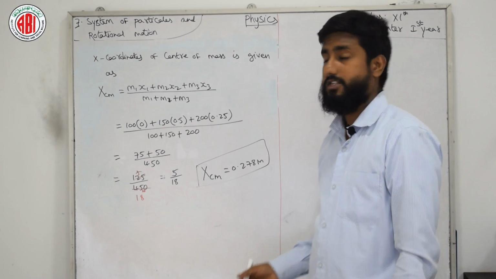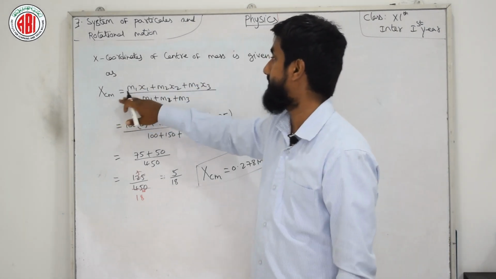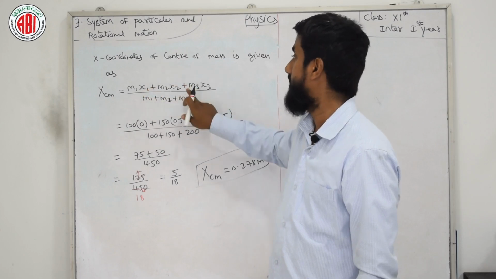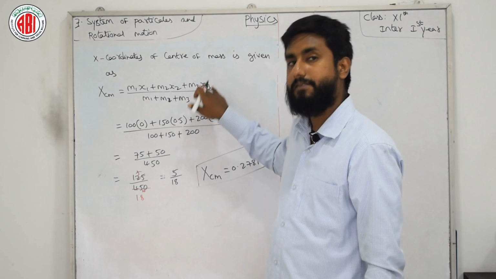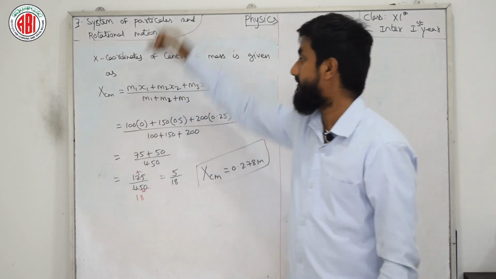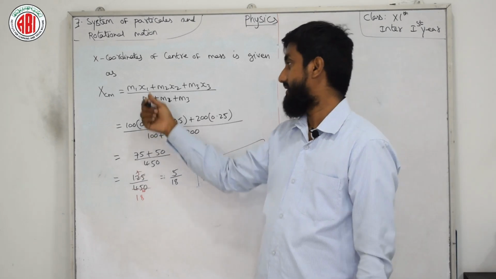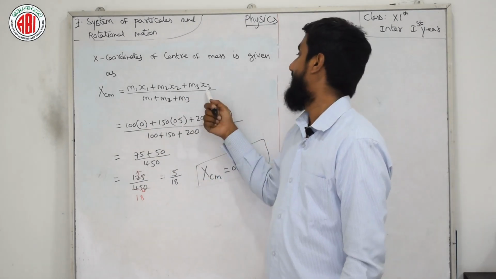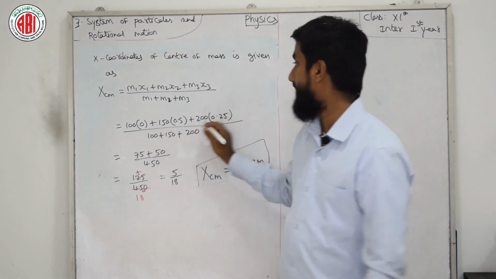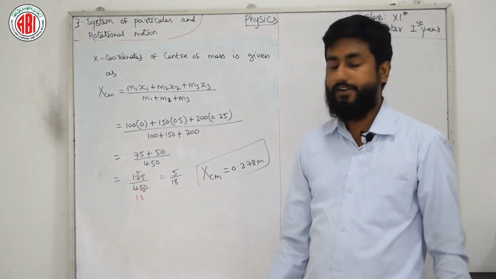Once again I want to explain. The x coordinate of the center of mass is given as x centimeter equals m1 x1 plus m2 x2 plus m3 x3 divided by m1 plus m2 plus m3, where the respective values are m1 is 100, x1 is 0, m2 is 150, x2 is 0.5, m3 is 200, x3 is 0.25, divided by 100 plus 150 plus 200.